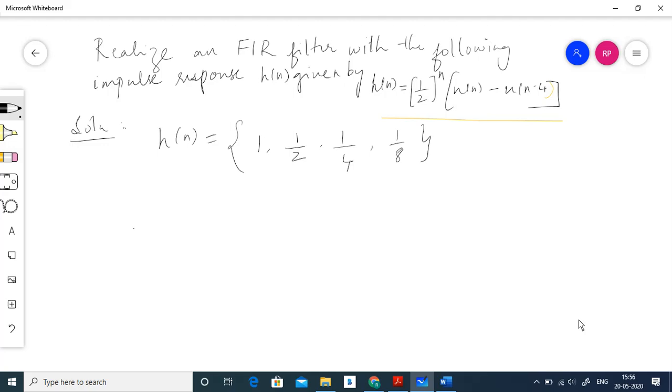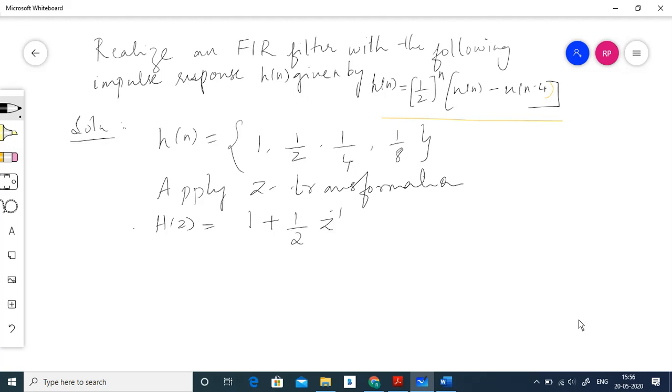Now in the next step, we'll apply Z transformation. If you apply Z transformation of h of n, h of z is equal to 1 plus, this is the second term, so you will get 1 by 2 z power minus 1.